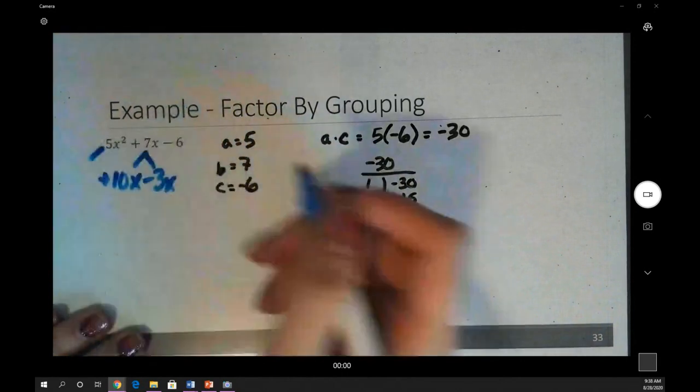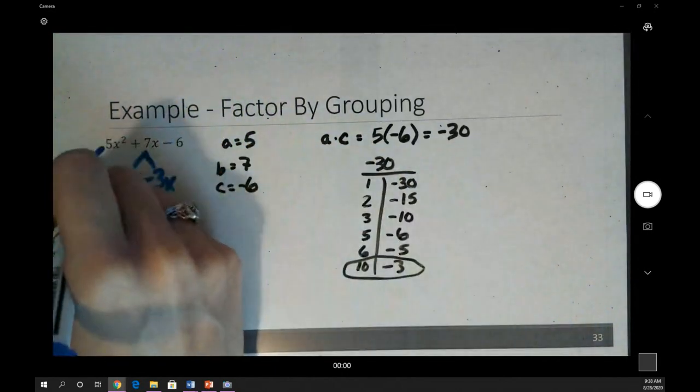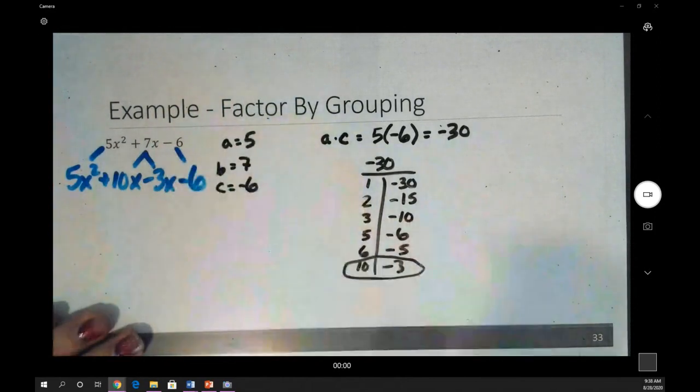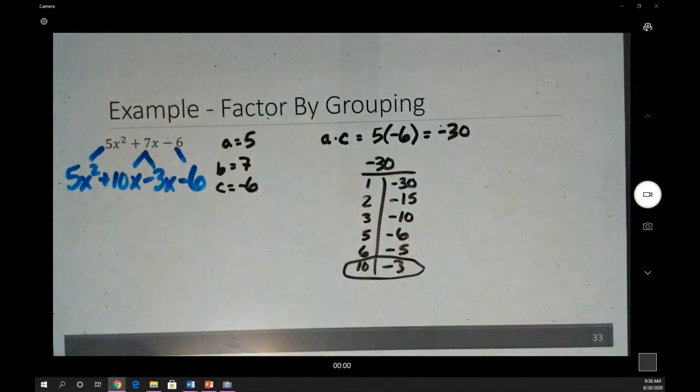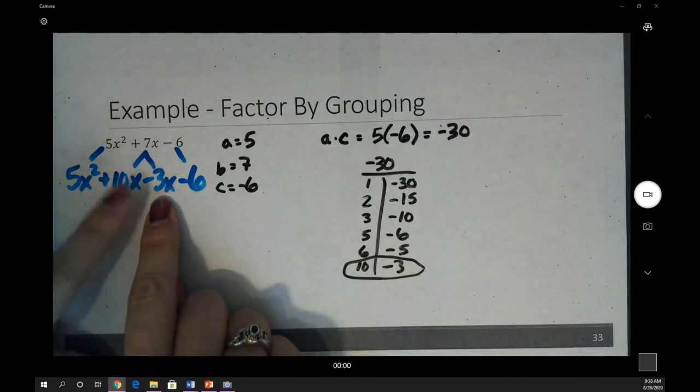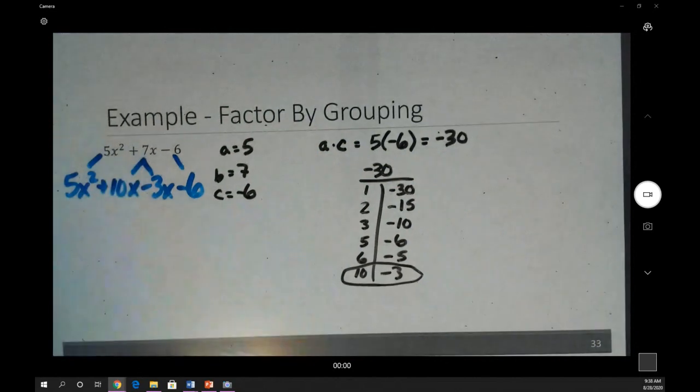Our x squared term is going to come down, so we have 5x squared, and our -6 constant term comes down. The reason why this works is because if you do 10x minus 3x, it gives us the 7x. So the only thing we've done is made it slightly more complicated, but we know how to handle this now.